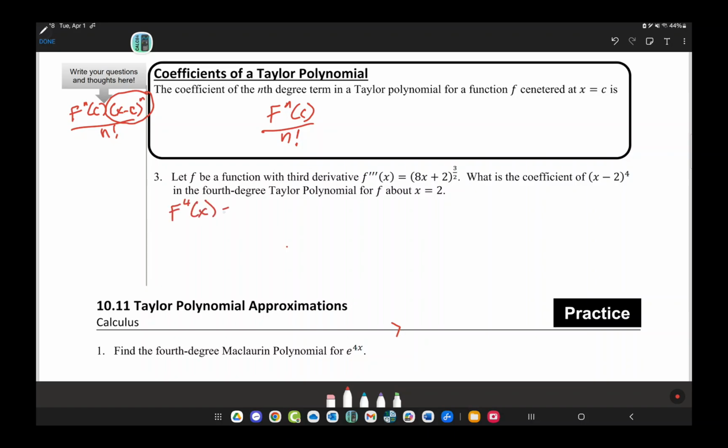So what's the derivative of my next term? Take the derivative, bring down the 3/2, right? So 3/2 times 8x plus 2 times 8, which is going to give you up to the 1/2 power, which is going to give you 12 times square root of 8x plus 2.